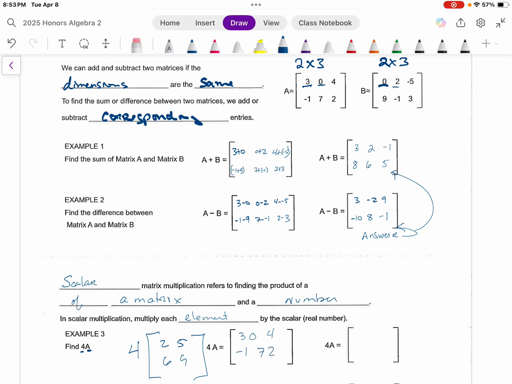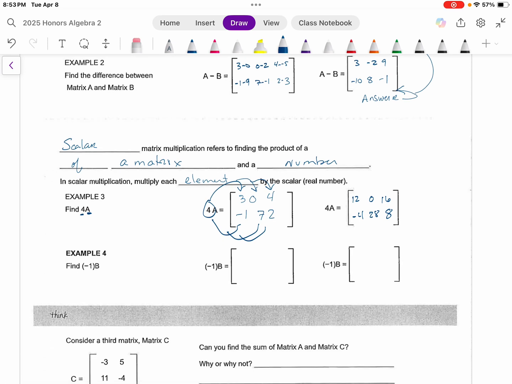Now I have to think about multiplying this 4 into each of the elements. So 4 times 3 is 12, 4 times 0 is 0, 4 times 4 is 16. Then the next row, 4 times -1 is -4, 4 times 7 is 28, and 4 times 2 is 8.